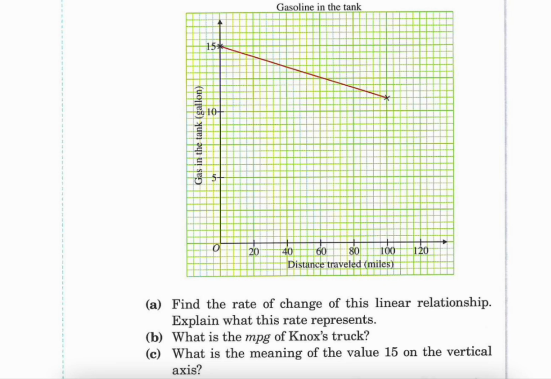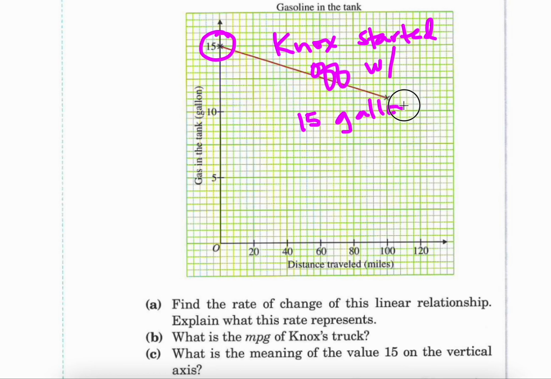Well, 15, since it's the starting point, it would just mean that Knox started off with 15 gallons of gas. That was his starting point for gas. That's all that means, because it's the starting point, the B value.